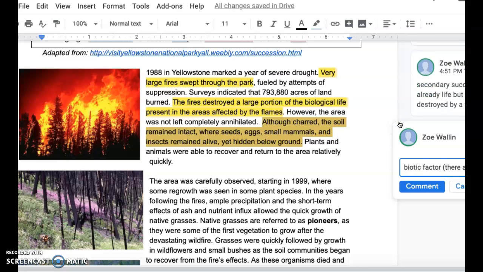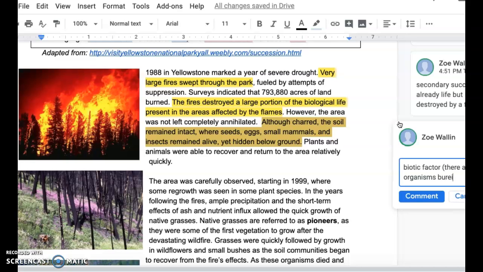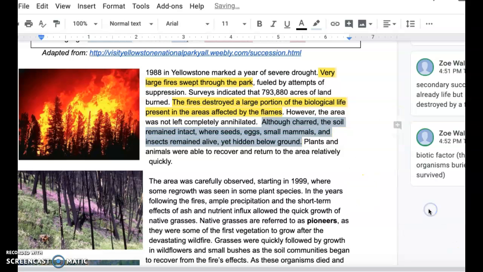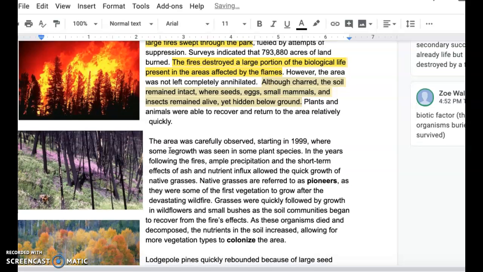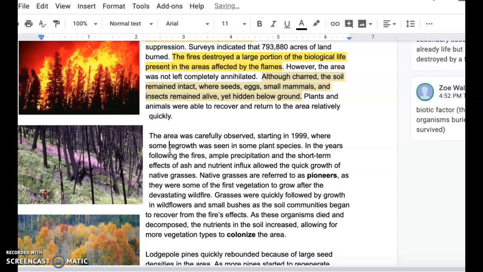There are still living organisms buried in the soil that survived, because that's going to affect how succession takes place afterwards. Plants and animals were able to recover and return to the area relatively quickly. The area was carefully observed starting in 1999, where some regrowth was seen in some plant species. All right, there's another clue.